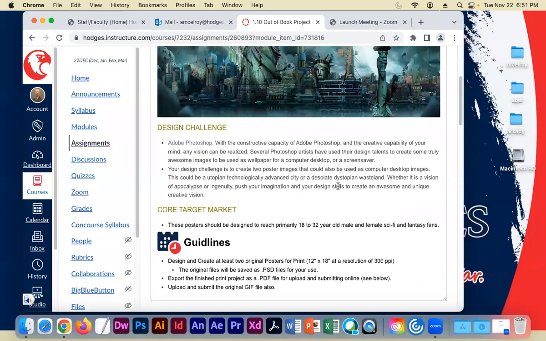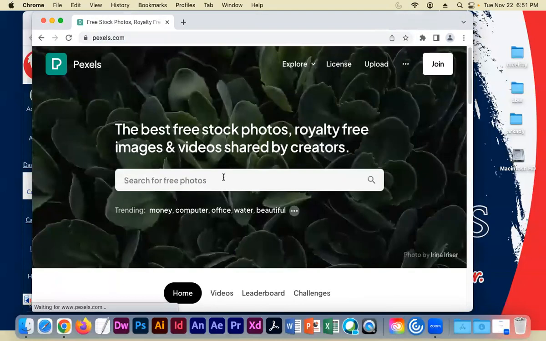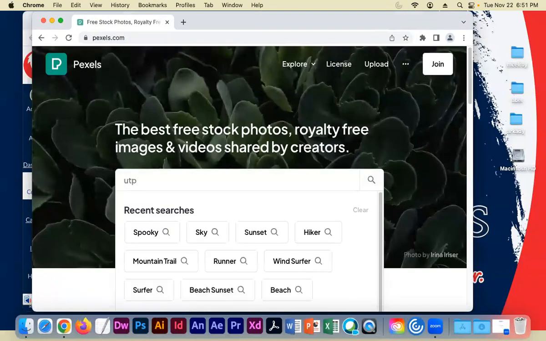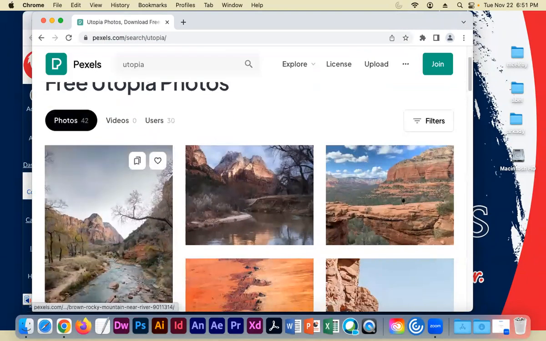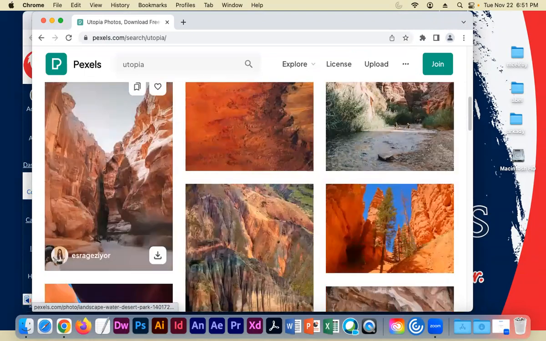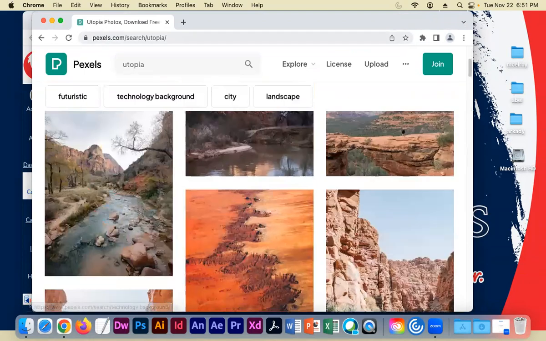So if you are creating a 12 by 18, 300 DPI or 300 PPI environment, then you need to make sure that it's high resolution. Don't forget environments like pexels.com, right? If I type in utopian or utopia, I get these like unbelievable images. They're all tagged by the photographer as utopian.